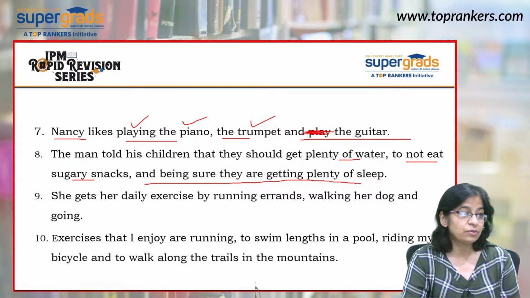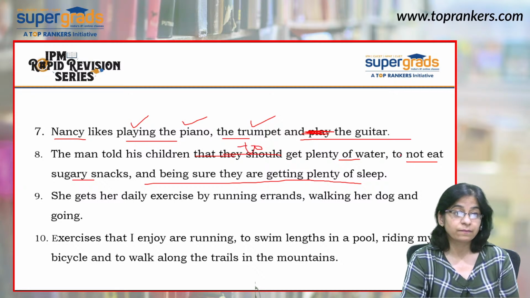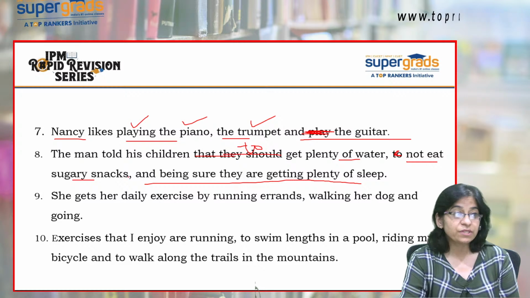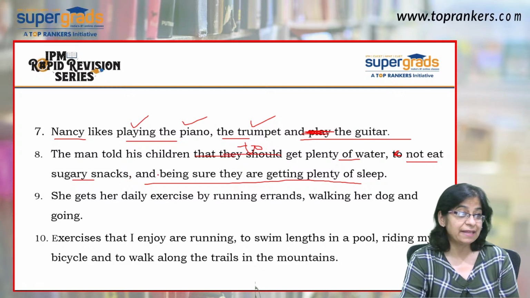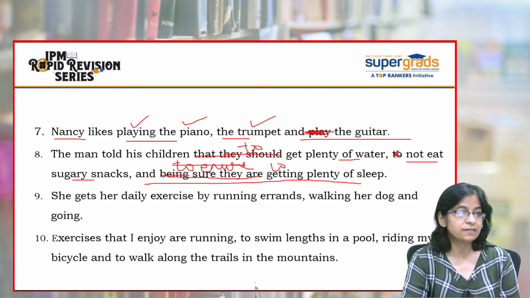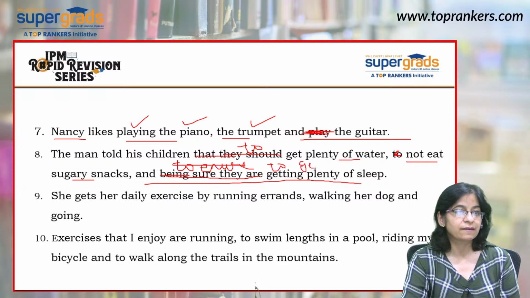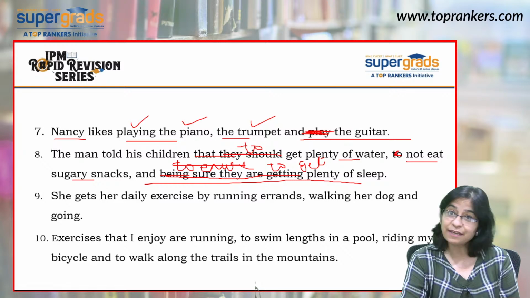So the man told his children to get plenty of water, not eat sugary snacks, and to ensure, or how about we just remove this entire part and say to get plenty of sleep. Now look at the structure.